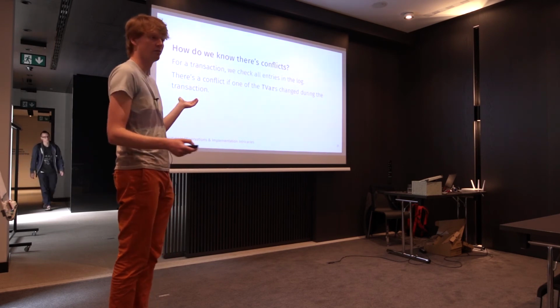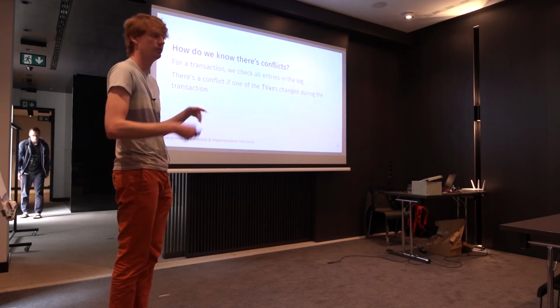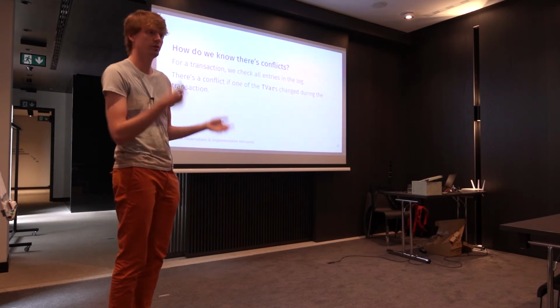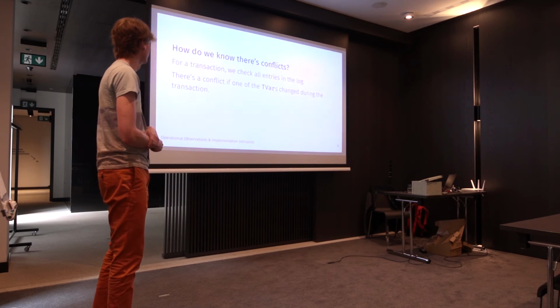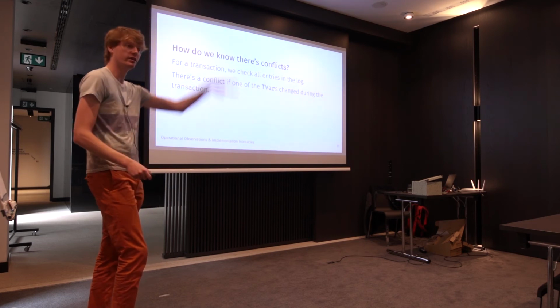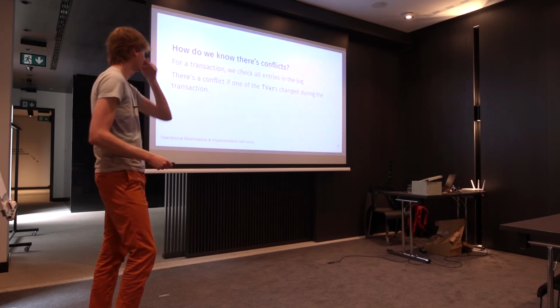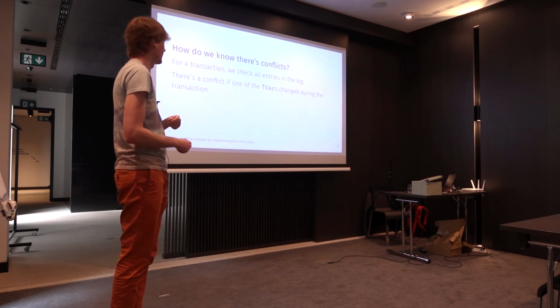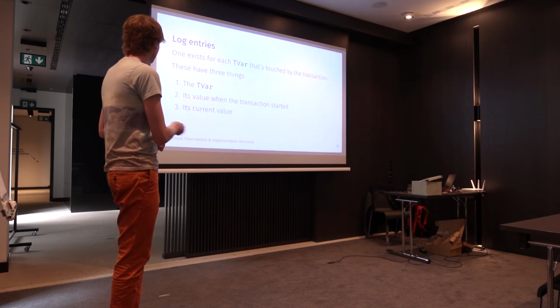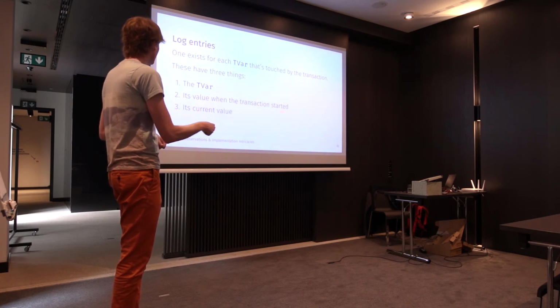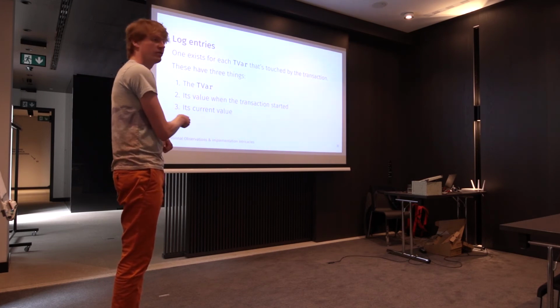How do we know there are conflicts? Assume we've written some stuff and we have a bunch of log entries. For a transaction, we look at all these log entries, and then we look at all the TVARs. Here we recorded the value of the TVAR when the transaction started.